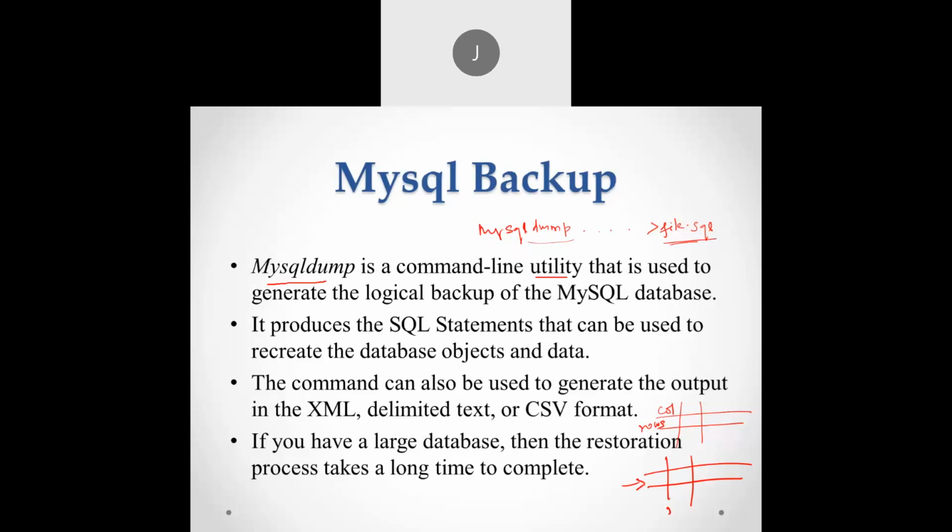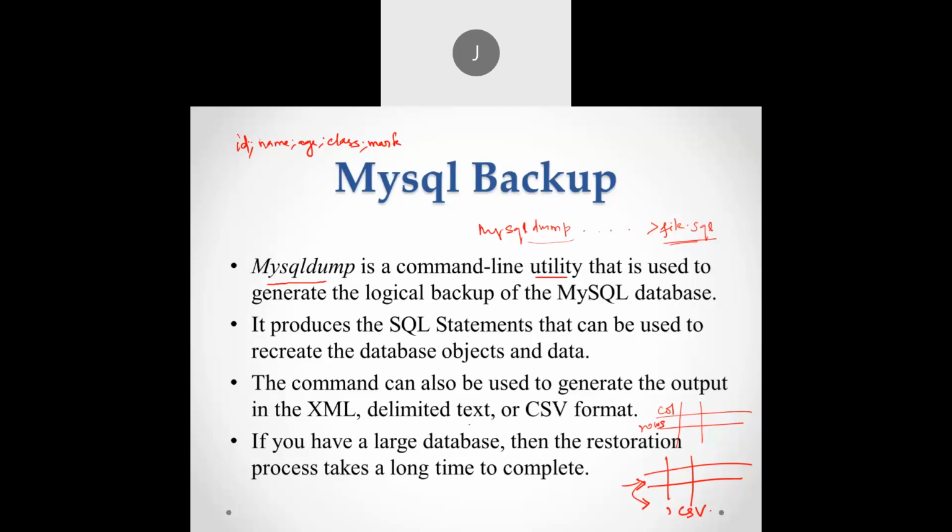This Excel itself we can convert into CSV files also, right? Likewise we can store these rows and tabular databases or the tables in any of these formats. Delimited text means, for example, if I have student information like id, name, age, class, marks, delimited by a comma I have given, or a semicolon you can give.